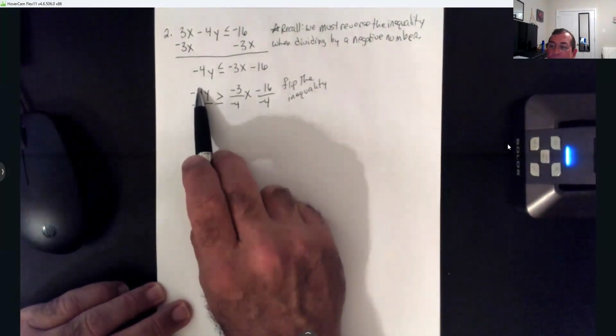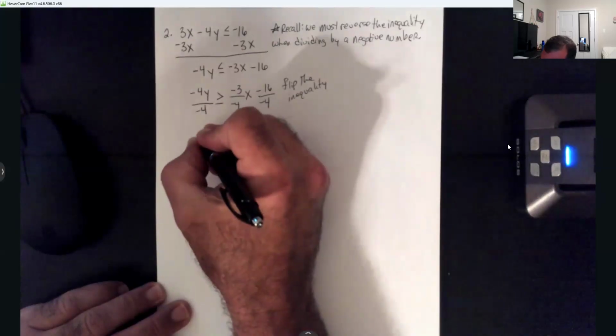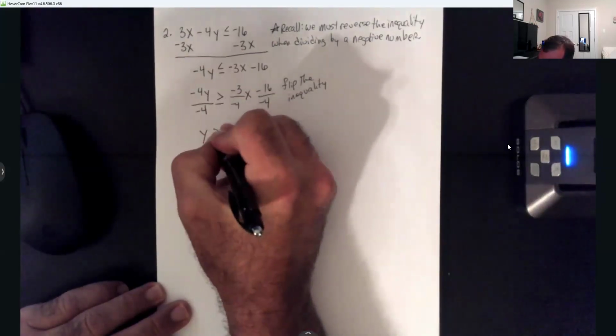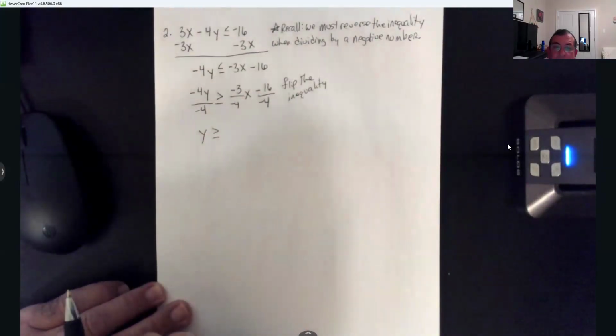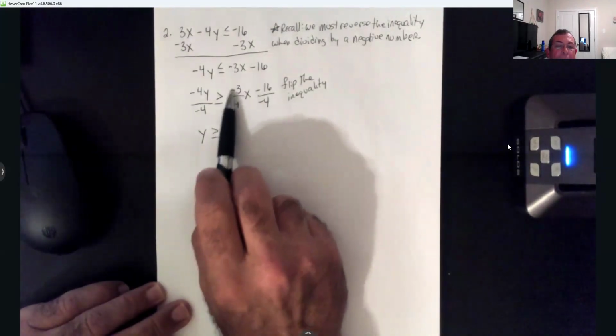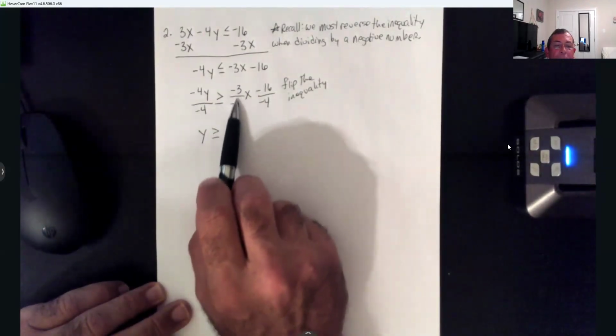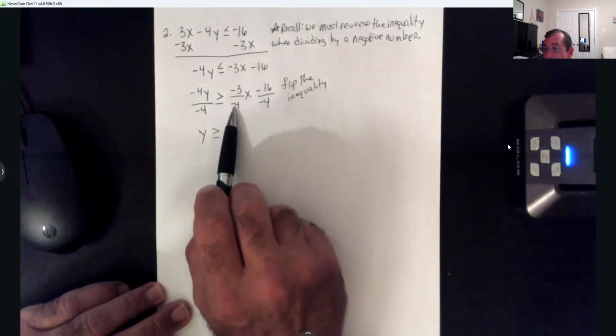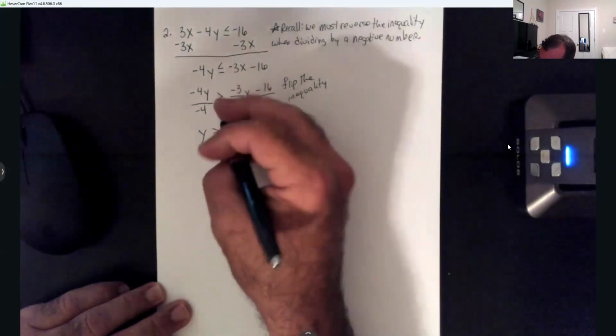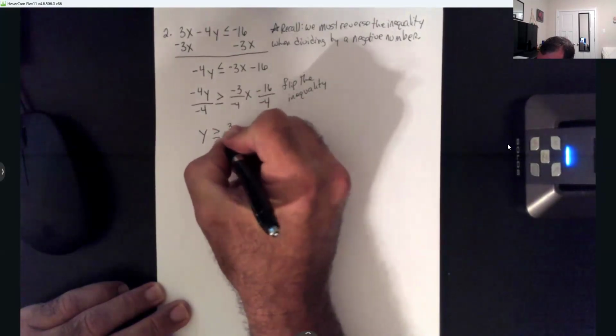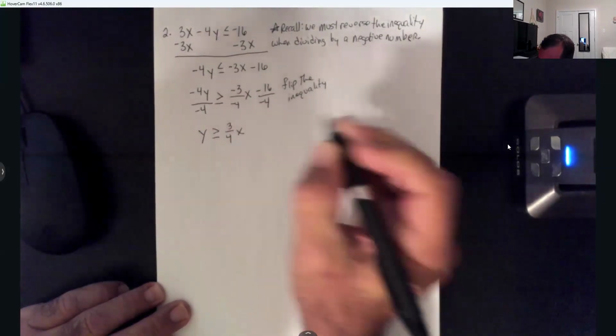So right here, negative 4 divided by negative 4 makes that a 1y greater than or equal. Oh, right here, the negative divided by negative makes that a positive 3/4. So that's a positive 3/4 x.